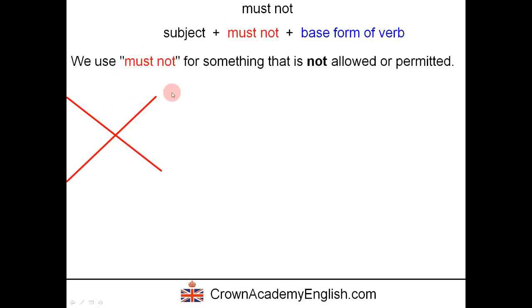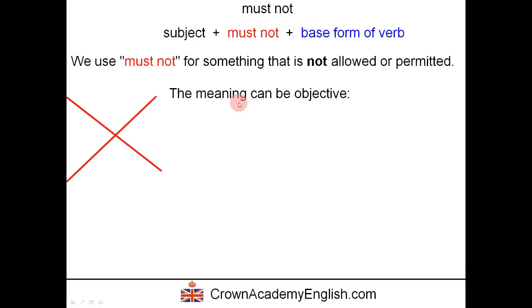Well, we use must not for something that is not allowed or not permitted. Okay, so something is prohibited, which means not allowed or not permitted. Okay, so it's an instruction not to do something.